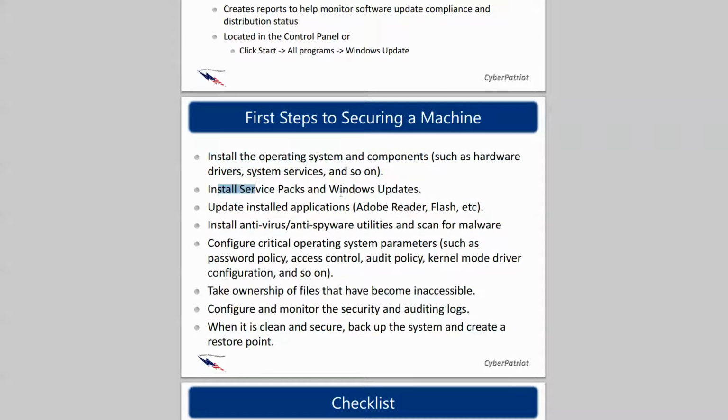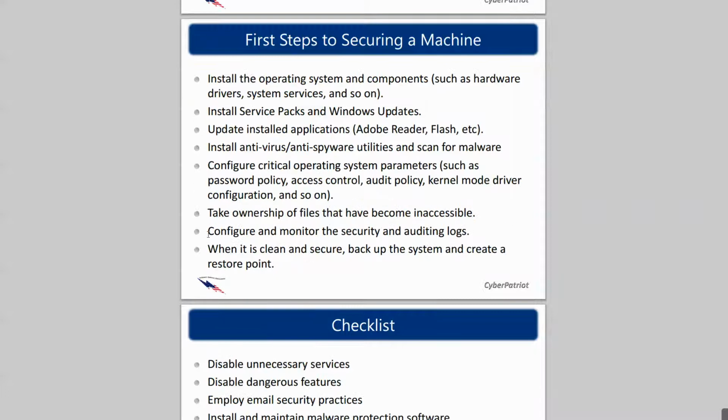Install the operating system, do updates, update installed applications, spyware, antivirus, anti-spyware stuff, scan for malware, configure all your stuff, take ownership of files that have become inaccessible. You kind of don't need to do that. Do the logs and then back up the system.